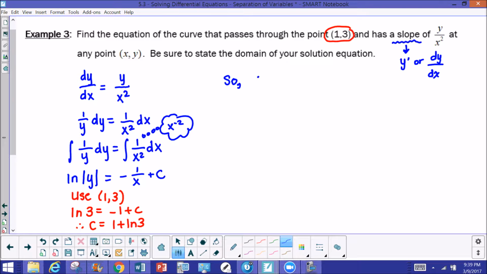our equation takes on this shape. The natural log of the absolute value of y is really negative 1 over x plus this c of which we speak. Now, remember that the ultimate goal in solving a differential equation is to get that y by itself, if at all possible.